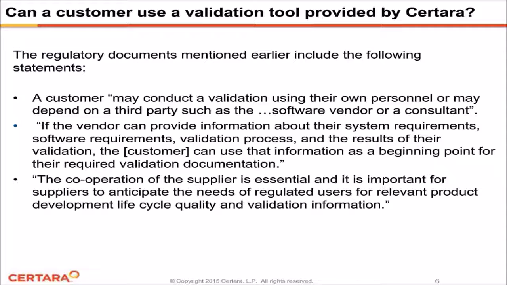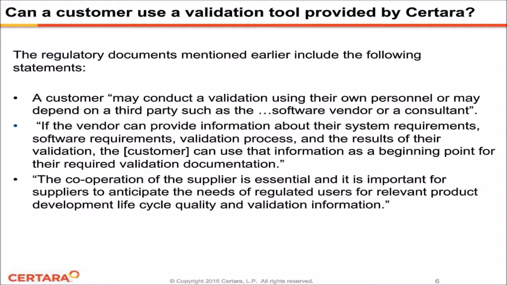And then the regulations and guidelines also state that the cooperation of the supplier is essential, and it's important for the supplier to anticipate the needs of regulated users in terms of what they might need in terms of software development lifecycle documentation and validation information. And again, we provide that information to you in the validation suite in the form of those document templates.